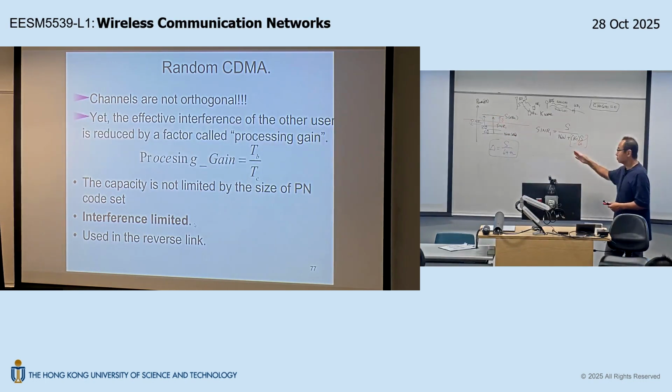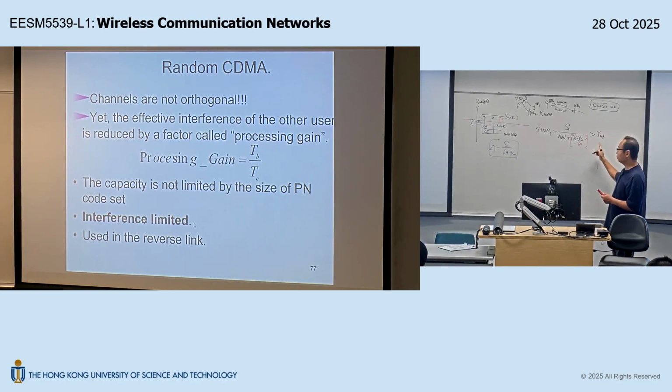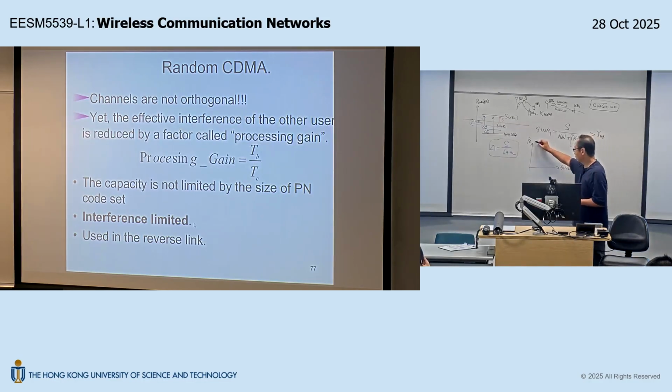Now of course, the SINR for user 1 will have a requirement. This needs to be larger than a certain requirement. This requirement is determined by the physical layer design. For example, if this is the error probability and this is the SINR for user 1, you have a curve like this. Suppose your application requires an error probability of 10 to the power minus 3. This will in turn require a certain SINR here.